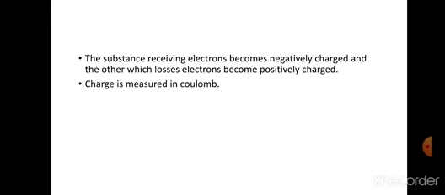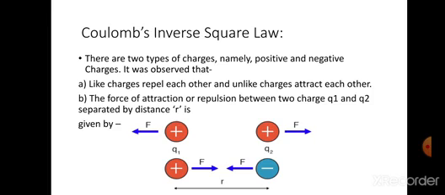Now the next concept from this unit is Coulomb's inverse square law. So we have seen that there are two types of charges which do carry charge, positive and negative, whereas neutrons are neutral, they don't have any charge on them.